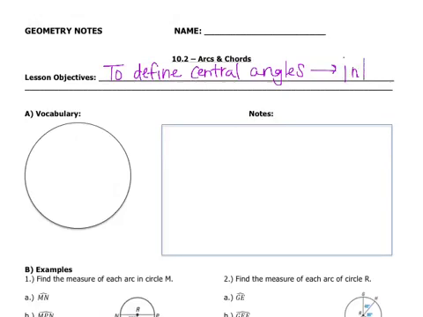I'm going to paraphrase this objective: looking at how central angles relate to their intercepted arcs. Then we'll look at some theorems that have to do with chords at the end. The main objective is to look at central angles and their intercepted arcs.